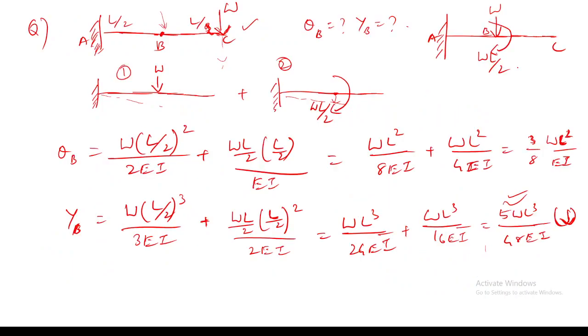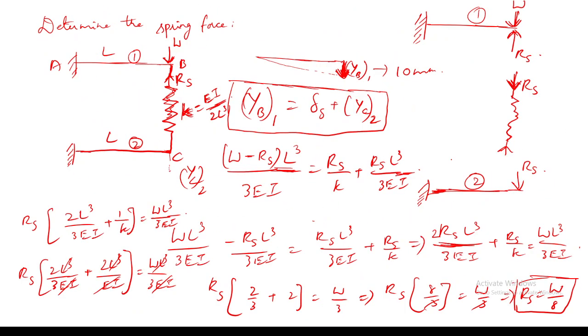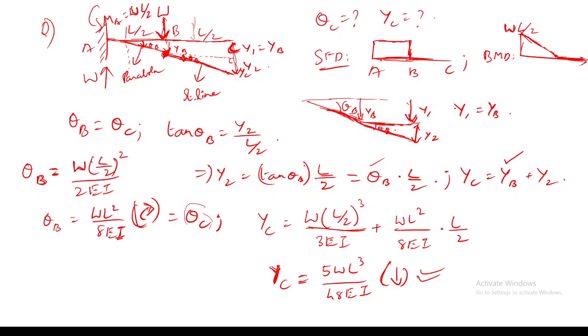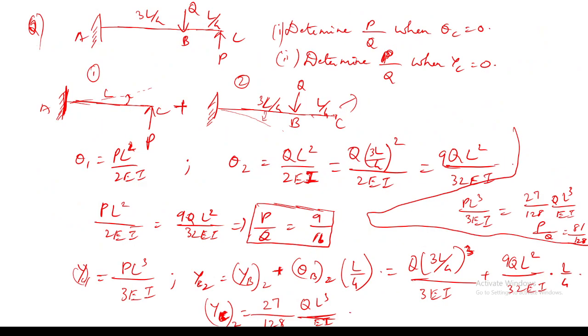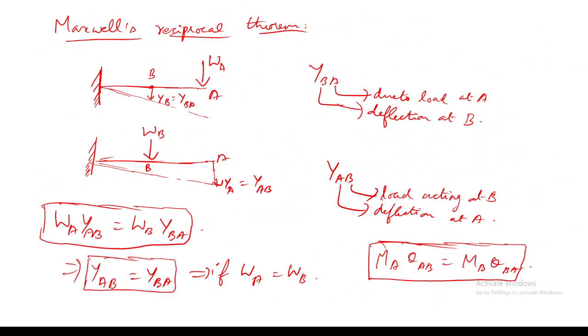For example, here, if you are finding out what is the theta B value, it is 3 by 8 WL square by EI, right? Yes. Whereas there it was different, WL square by 8EI. So when load alone is acting, then you can equate only deflection. Whereas when moment alone is acting, then you can equate it for slope, not for deflection.